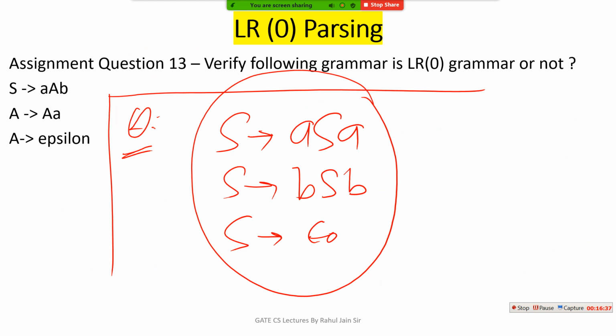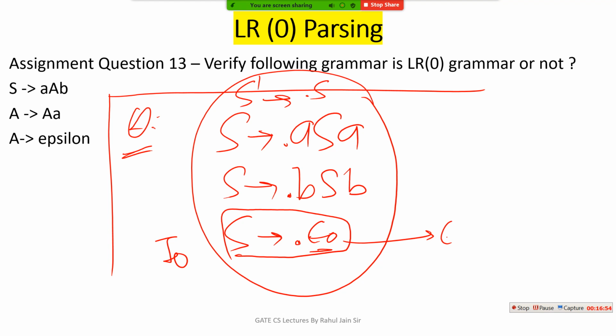So rule number one, step number one, I need to add the augmented grammar like that, make them LR0 items, and I have mentioned it as the I0 state. Now if you observe here, my first state is generating epsilon. What does this mean? It means that I am reducing my initial state here itself, because epsilon means nothing.